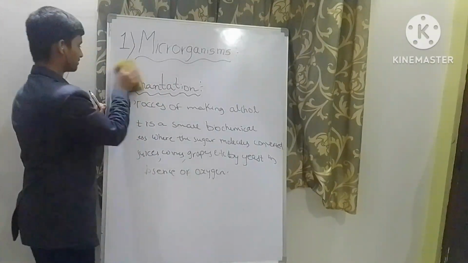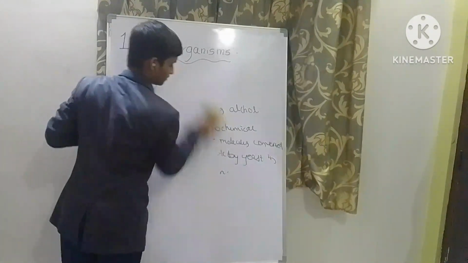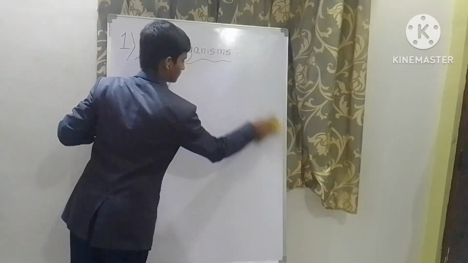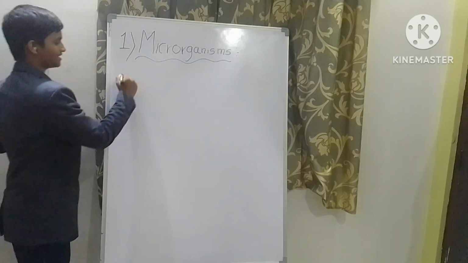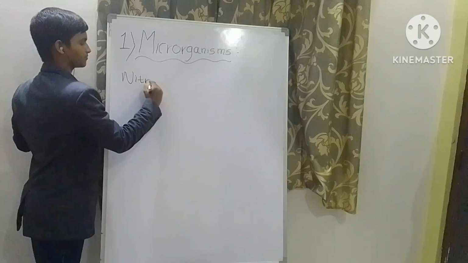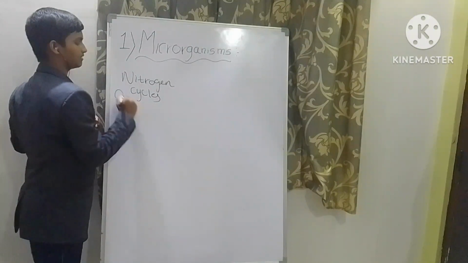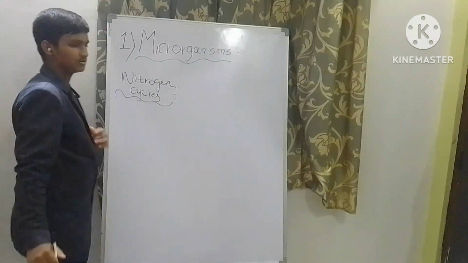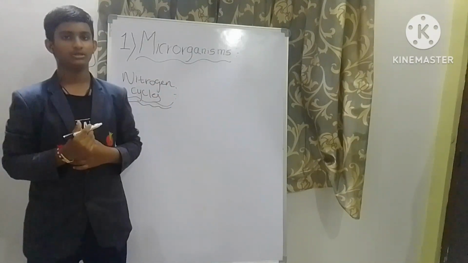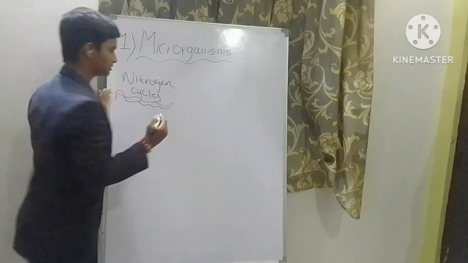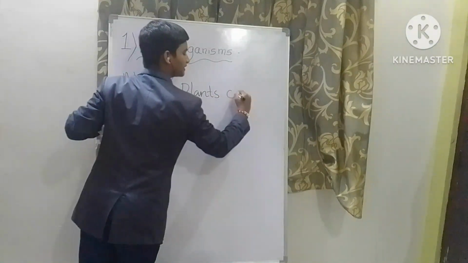Now we are going to the nitrogen cycle. Plants cannot take nitrogen directly.